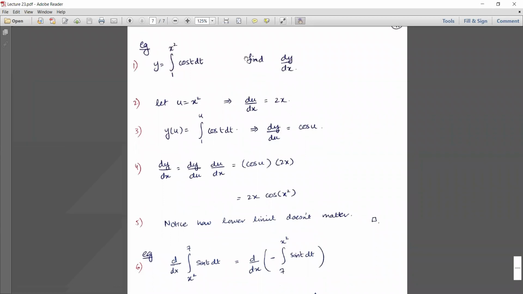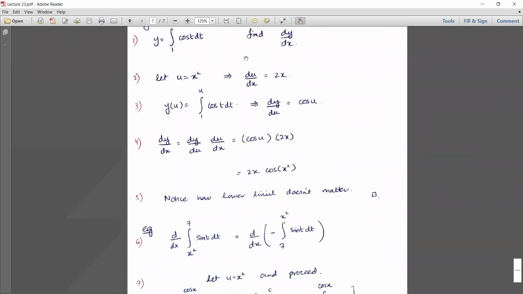All right, so now let's take a look at this next example. If I want to differentiate this, again, keeping in mind the statement of the fundamental theorem, it said that if you want to differentiate integral from a to x f of t dt, then that's equal to f of x.